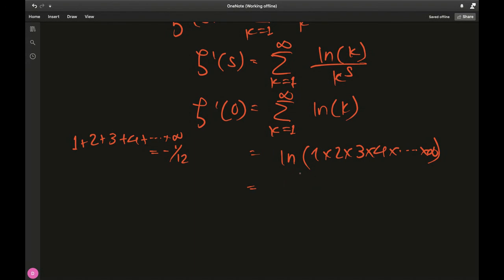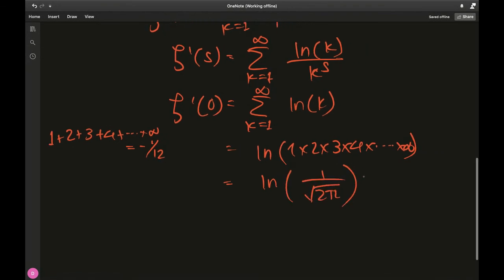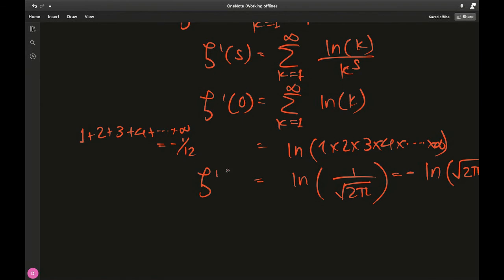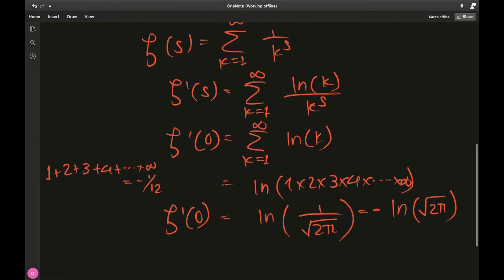So extending that same argument, this seemingly infinity factorial is just 1 over square root of 2 pi. So again, we can take a negative natural log of square root of 2 pi. That's Riemann zeta prime of 0.